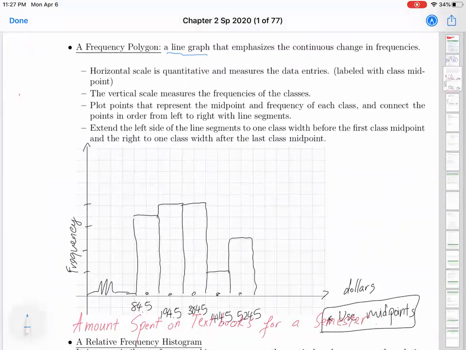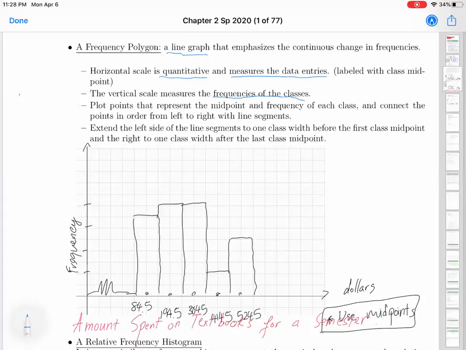It will tell you how the frequencies of each class are changing continuously. Okay. The horizontal scale, again, is quantitative and measures the data entries. The vertical scale measures the frequencies of the classes.